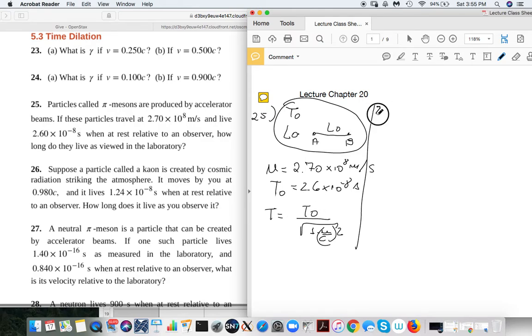Number 26. Suppose a particle called a kaon is created by cosmic radiation striking the atmosphere. It moves at speed u, again given.